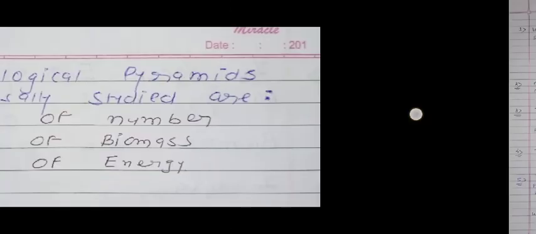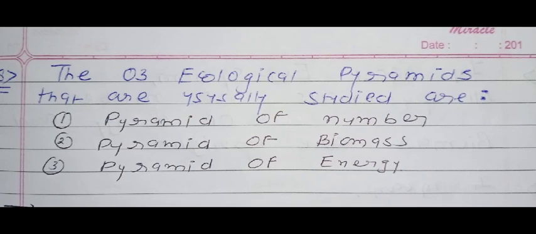Point number 6, we can say that there are three ecological pyramids that are usually studied. Many types of ecological pyramids are there, but according to study purpose, three pyramids are used. The first one is pyramid of number, the second one is pyramid of biomass, and the third one is pyramid of energy.